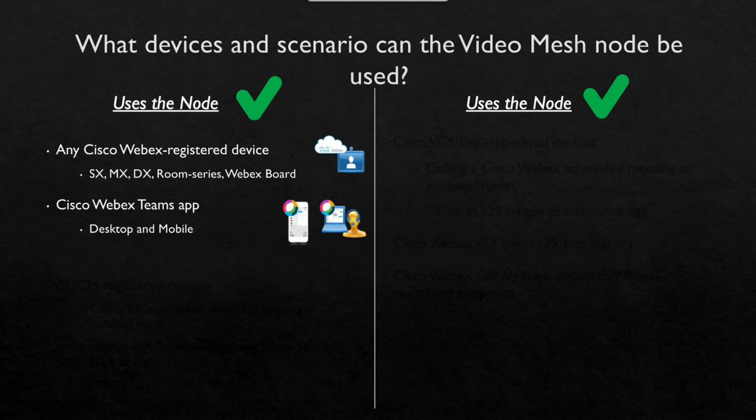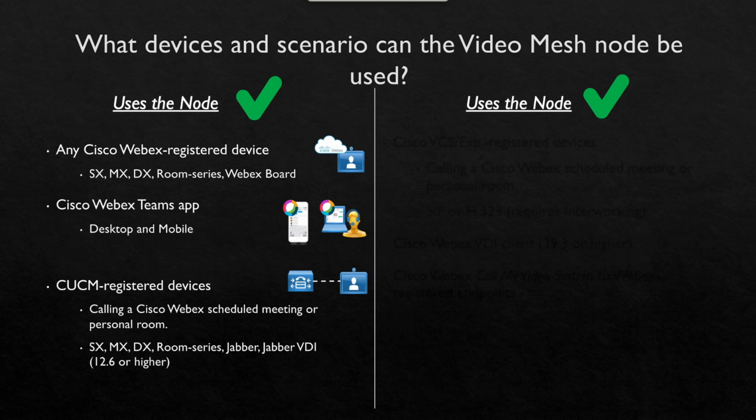You can't open up Chrome and sign into your Webex Teams application that way and then use the video mesh node. That won't work. You have to actually download the Webex Teams application on that device, and as long as you've downloaded the application, then the video mesh node can be used, right?